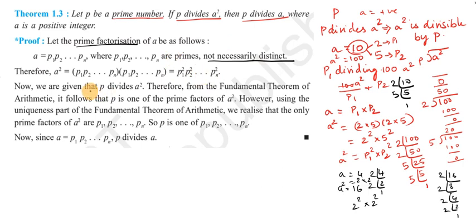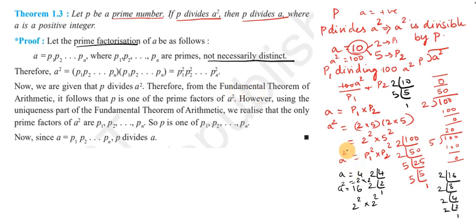So we have already been given that P divides A square. If P divides A square, then from the fundamental theorem of arithmetic, which you would have already discussed, every composite number can be expressed as a product of primes.